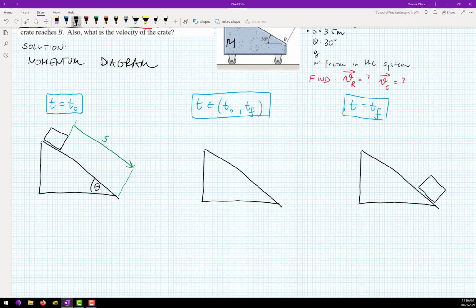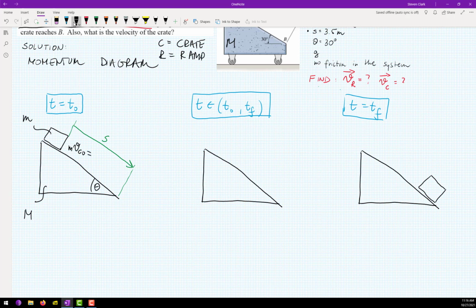And we know that this body has mass little m, this body has mass big M, and we also know that mv0, or let's do it maybe mvc0, okay? C standing for crate, and R will stand for ramp.